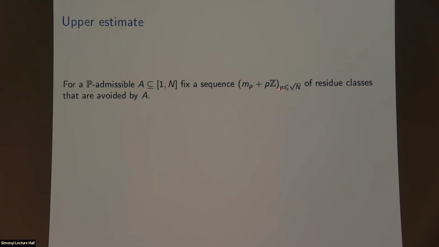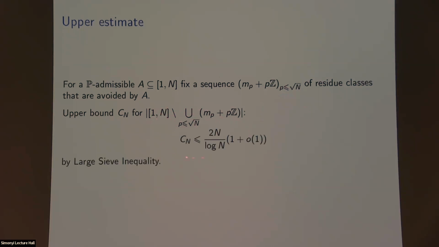It's enough to restrict our attention to primes less than or equal to the square root of n. And the large sieve gives us an upper bound for the cardinality of the rest of the interval. We remove those residue classes, and the upper bound can be something like 2n by log n.